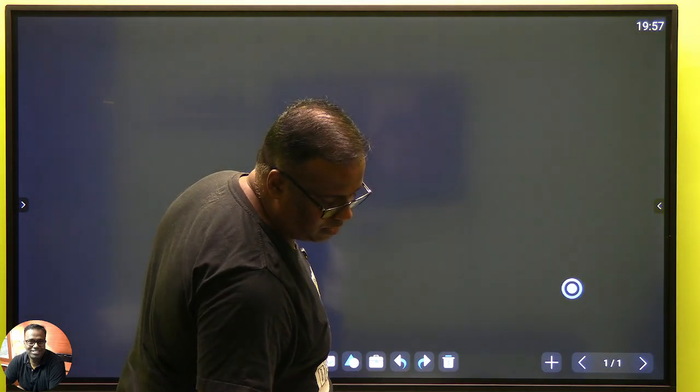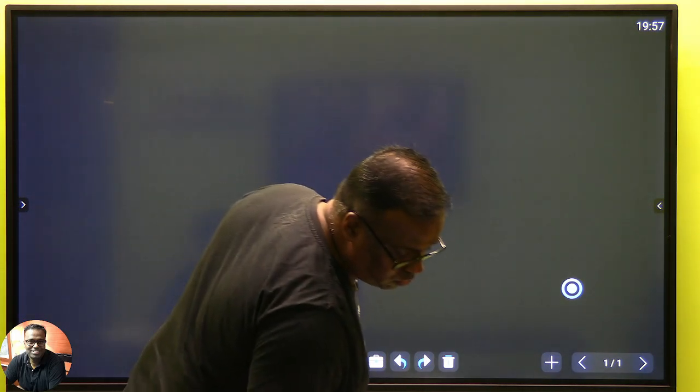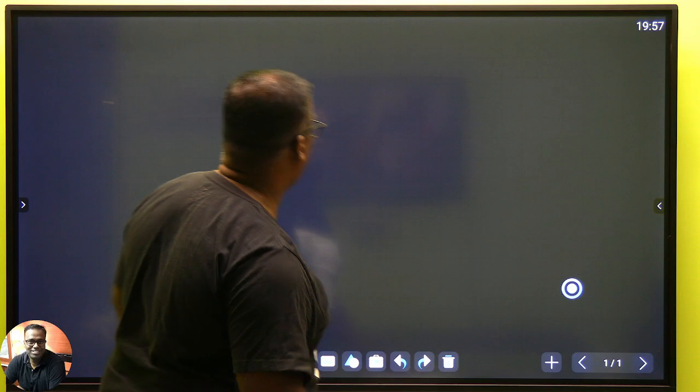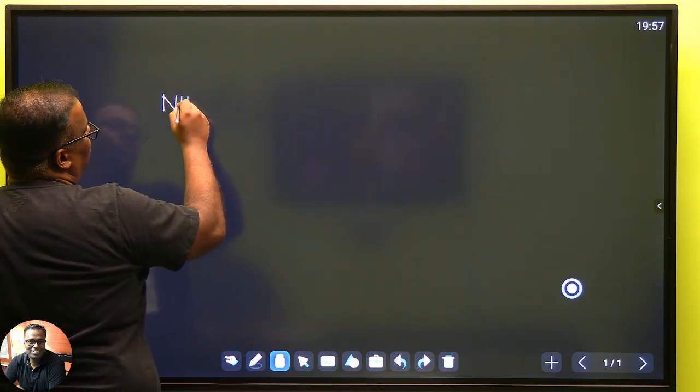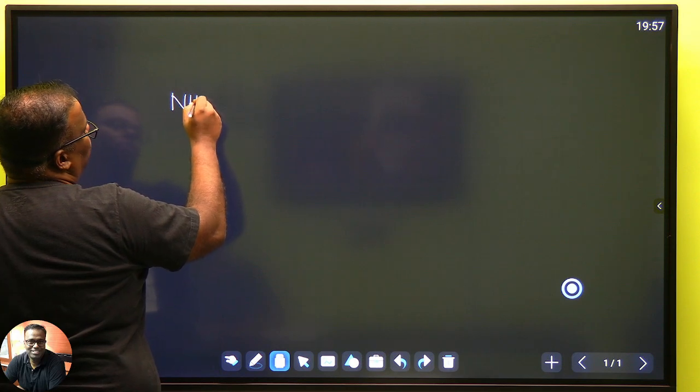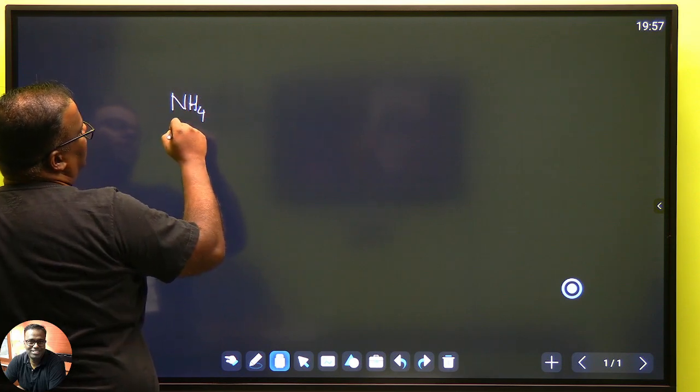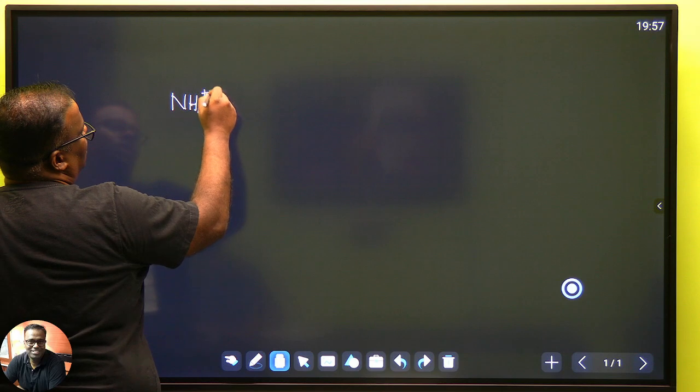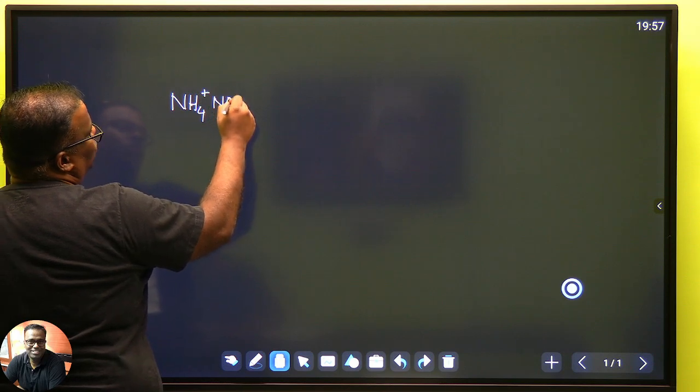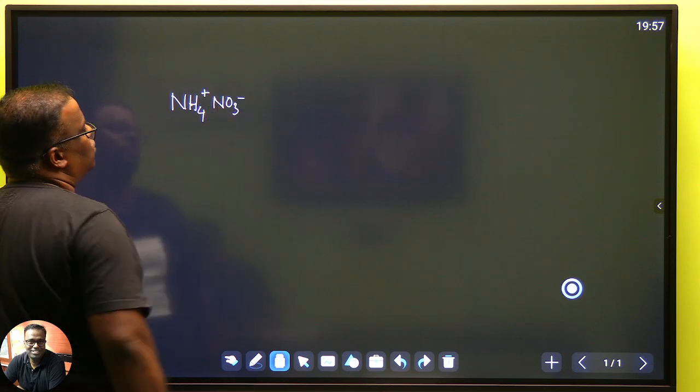चलो, percentage composition. So they have given a salt whose name is ammonium nitrate. Ammonium nitrate, NH4, and NH4 is the only non-metallic cation. NH4 हमेशा प्लस होता है, तो नाइट्रेट क्या होता है? NO3 minus. So the product is NH4NO3.